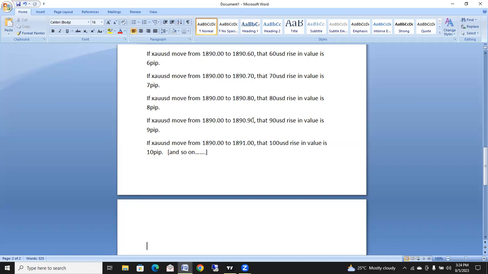But in this case now, the change occurs in this zero, no longer this one, the zero before the decimal point. That's where the change occurs. So that 100 USD rise in value is known as 10 pips and so on.